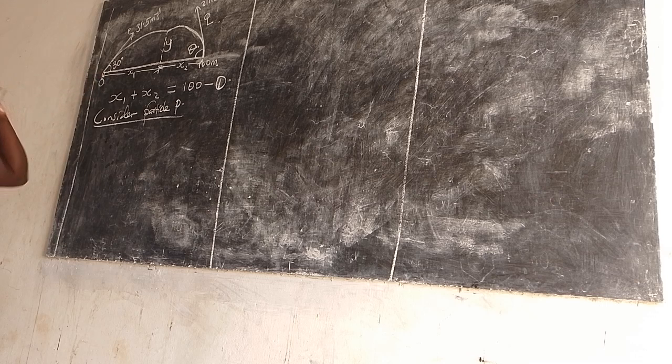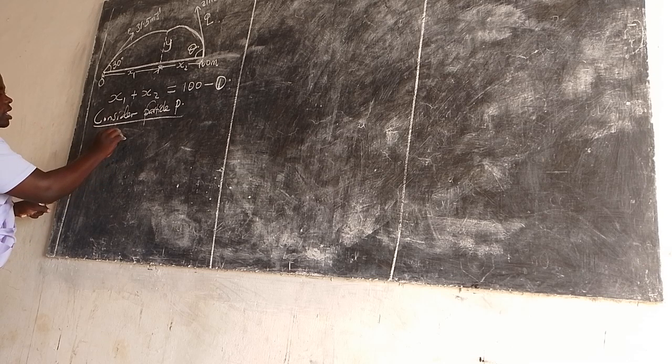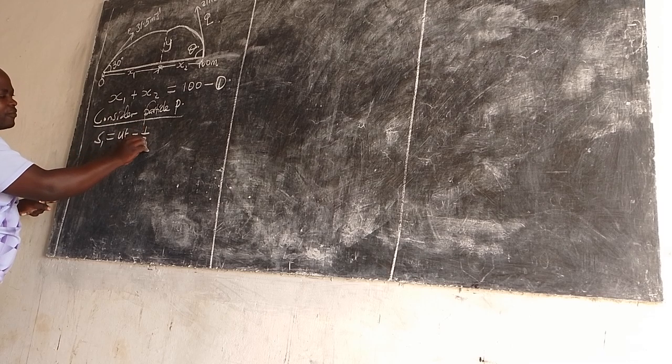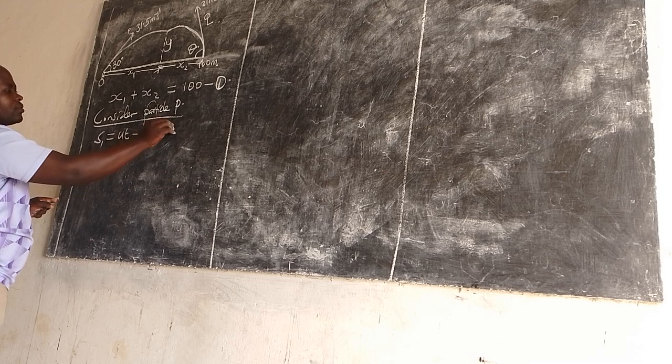But this is projection upwards, we are moving against gravity, so g must be negative. So let me call this S1 or SP, it is equal to ut minus half gt squared.